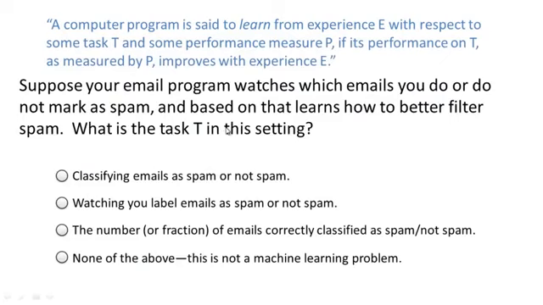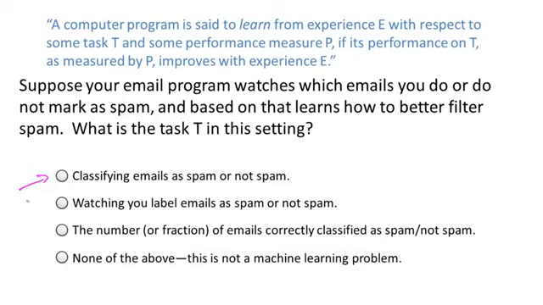And based on which emails you mark as spam, say your email program learns better how to filter spam email. What is the task T in this setting? In a few seconds, the video will pause, and when it does, you can use your mouse to select one of these four radio buttons to let me know which you think is the right answer to this question.